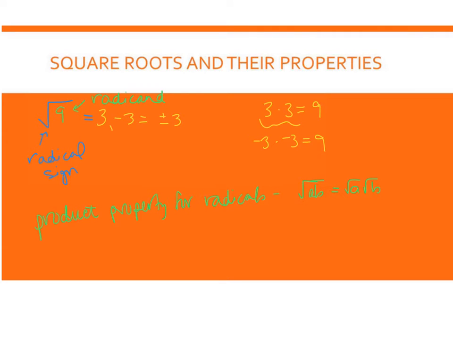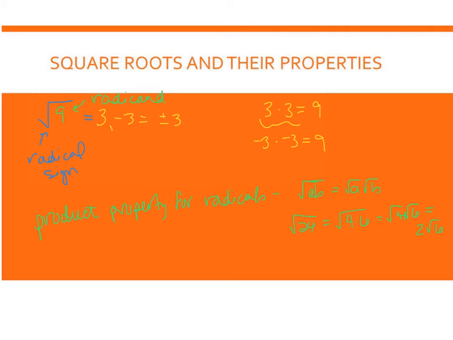This is going to help you simplify numbers. So for instance, if you have the square root of 24, I can rewrite this as the square root of 4 times 6, which is the square root of 4 times the square root of 6, which is going to be 2 square root of 6. This is how you simplify radicals.